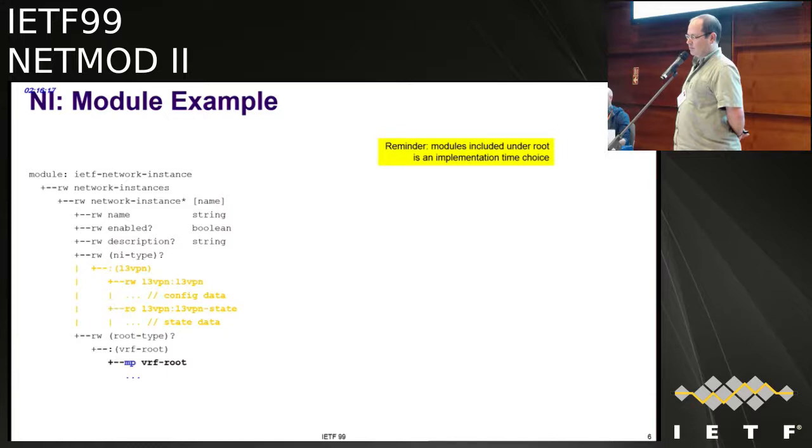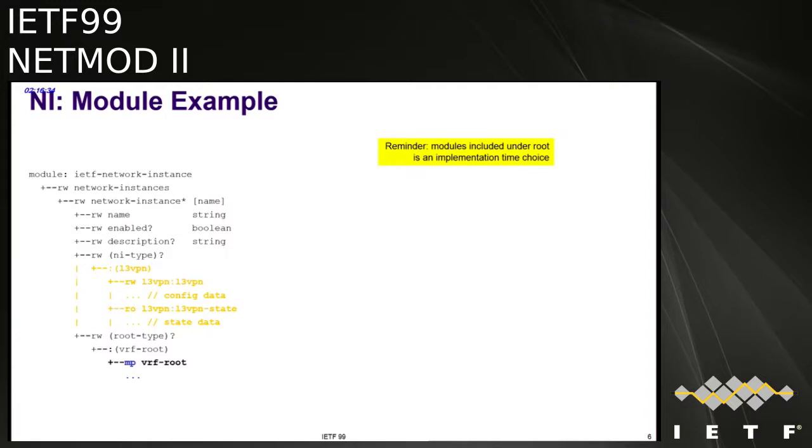It's shown with an augmentation. The yellow is an augmentation. The base model is in black, and here's the mount point. So the only thing you would see in an actual module definition would be the mount point. You wouldn't see anything underneath it. So only the MP would show up from schema information.